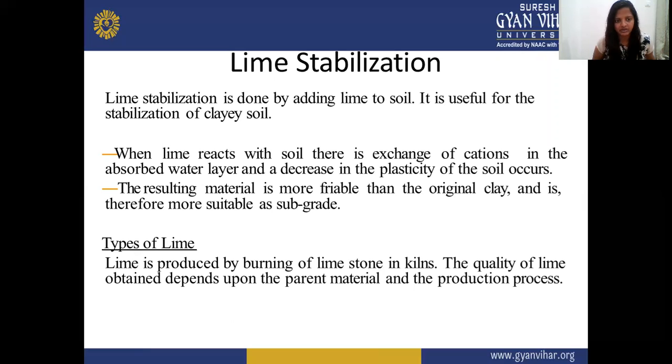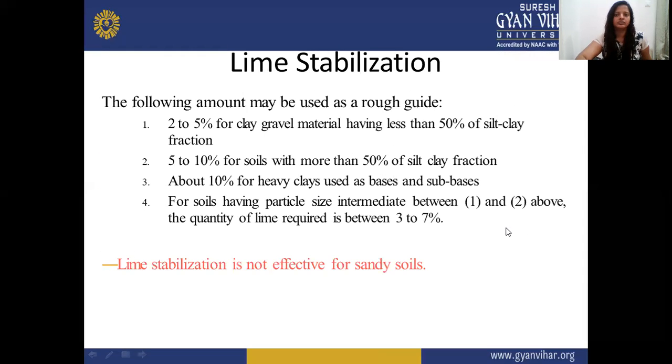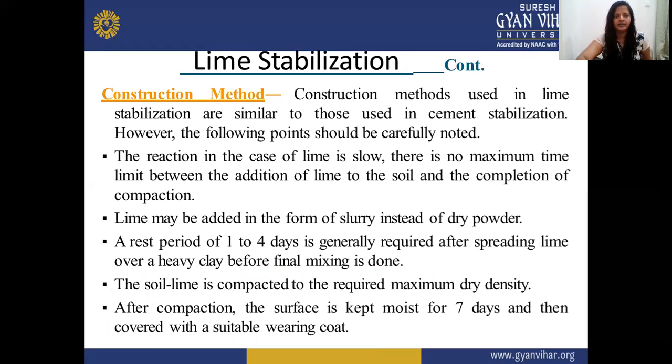There are different types of lime. Lime is produced by burning of limestones in a kiln. The quality of lime obtained depends upon the parent material and the process of production. These are a rough guide, for your basic understanding.